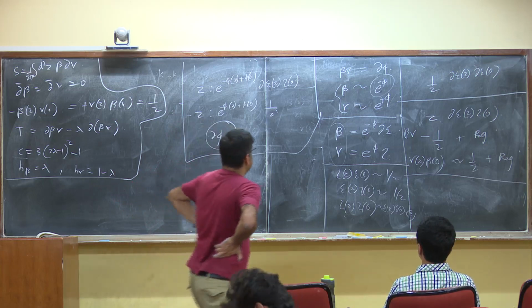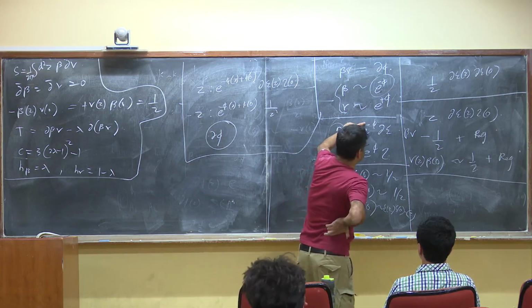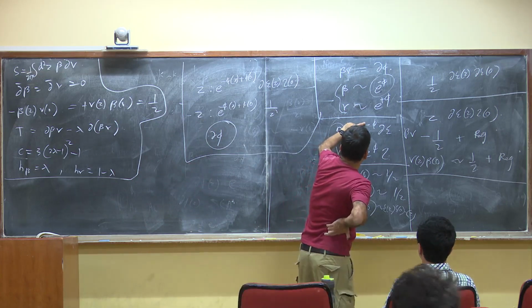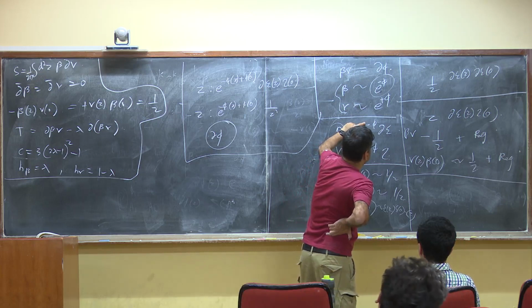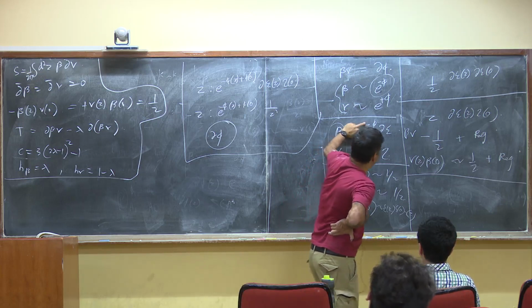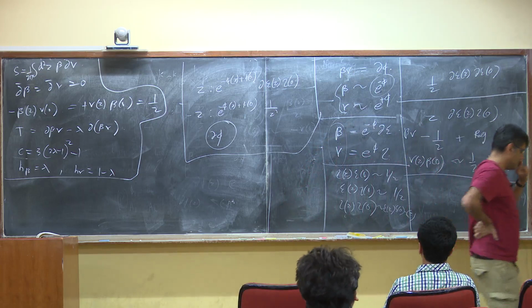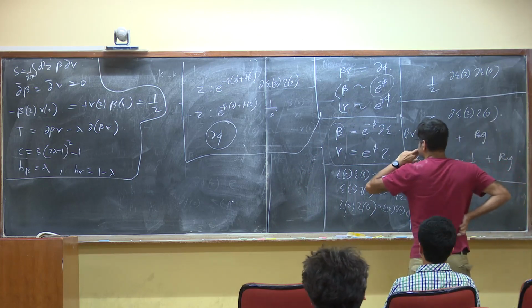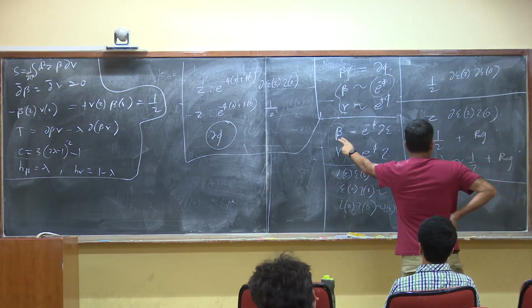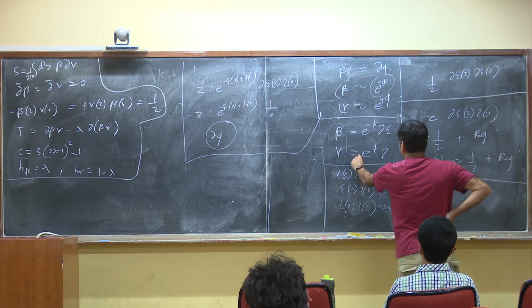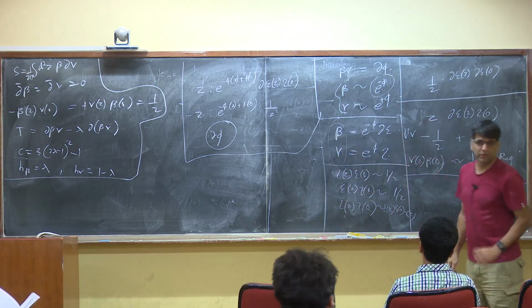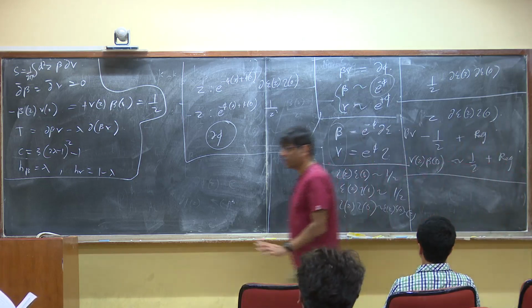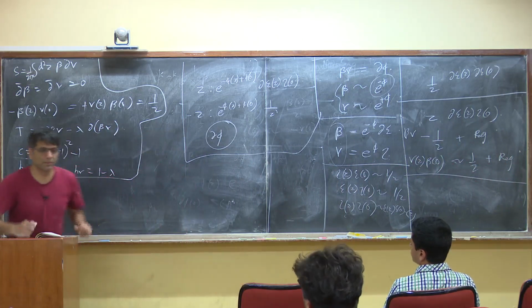You might then want to flip these signs. Then also it will not work, because the relative sign is all that's important. You're right. You might want to fix it by, as Indranil suggested, putting i's outside here. I don't know, it's not immediately clear to me that it will work.